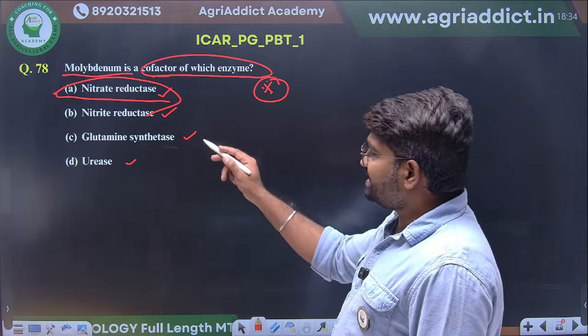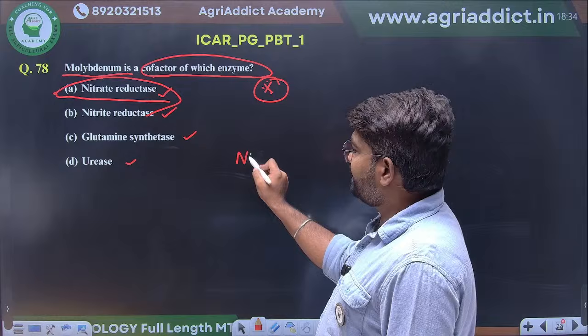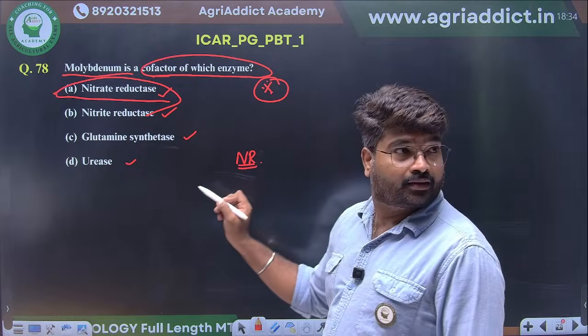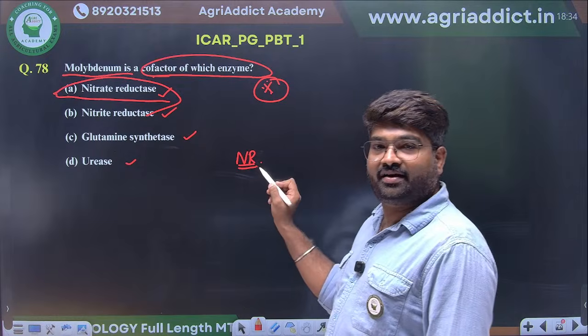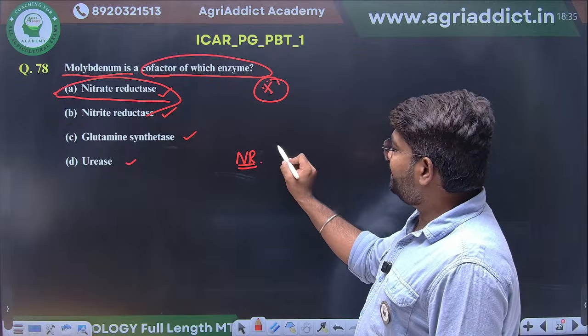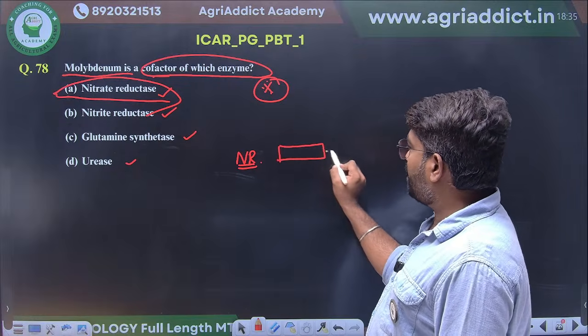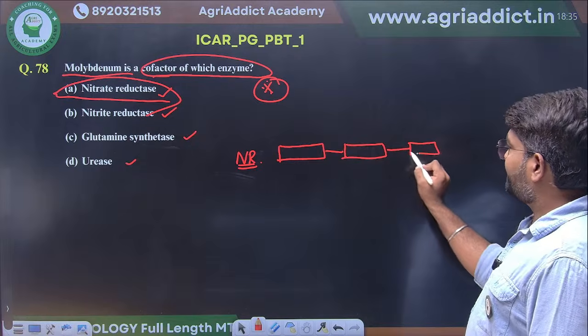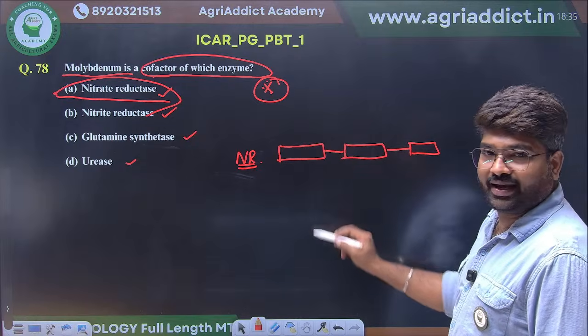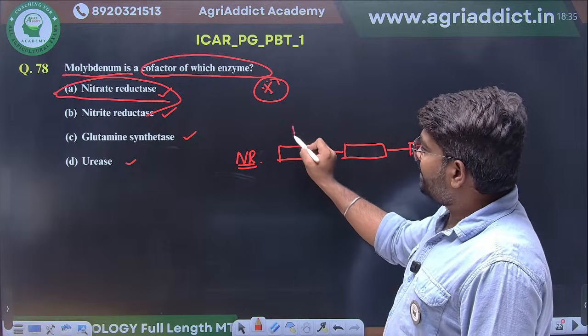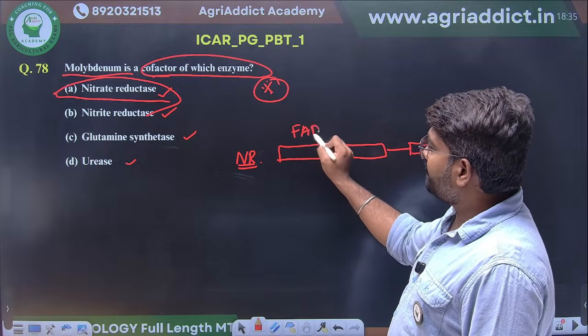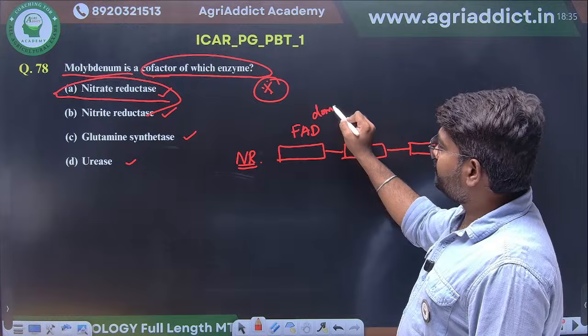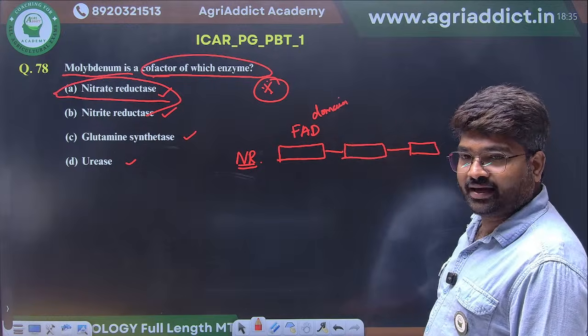If you see the structure of nitrate reductase, there will be 3 components. This is nothing but electron carriers. First, FAD domain will be there.